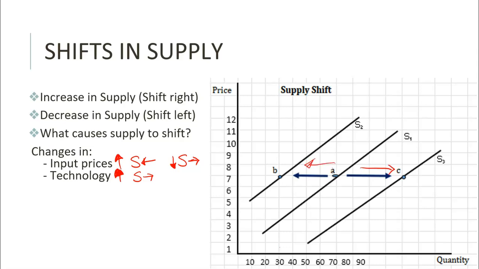A decrease in technology can happen through certain rules and regulations that make certain equipment no longer allowed, or natural disasters that destroy infrastructure and factories. So anytime you have less technology or worse technology, it's going to decrease supply. It's going to make it more expensive to produce things.